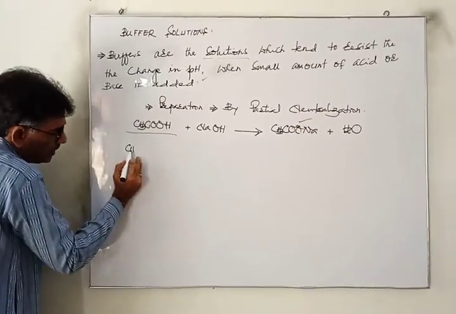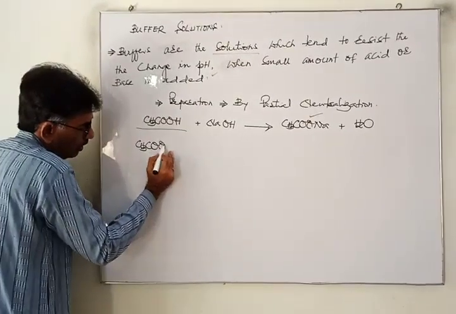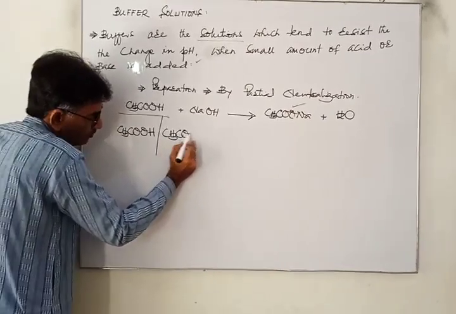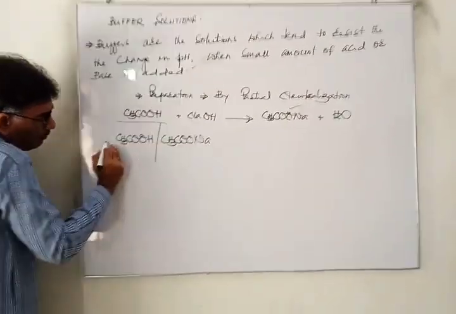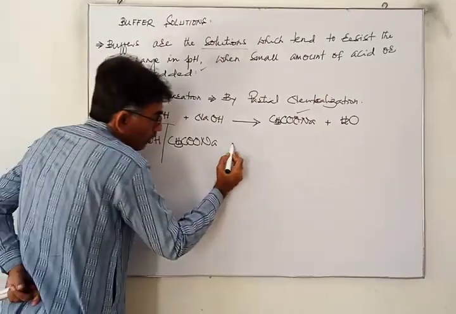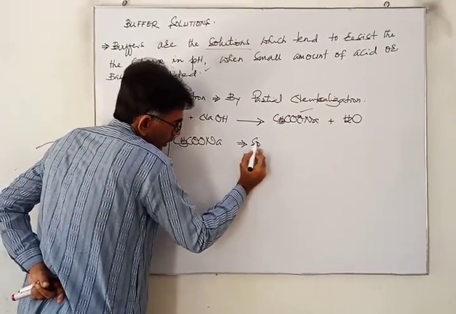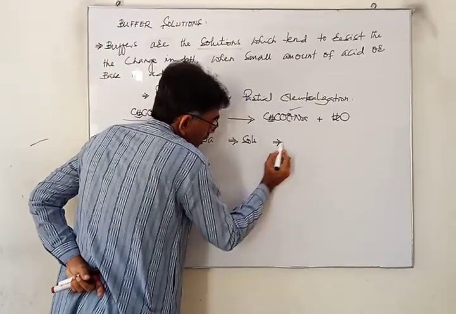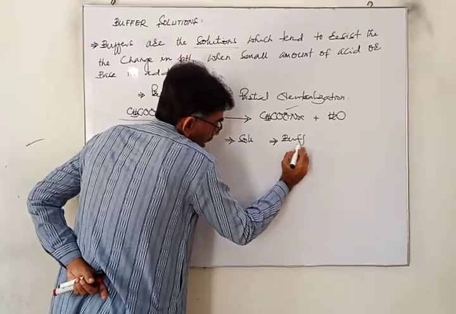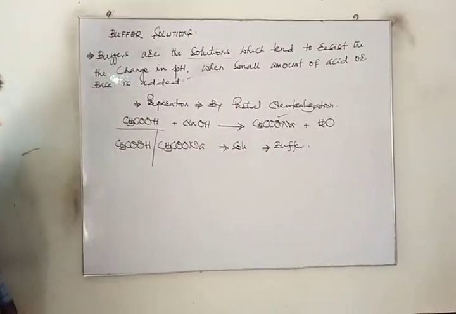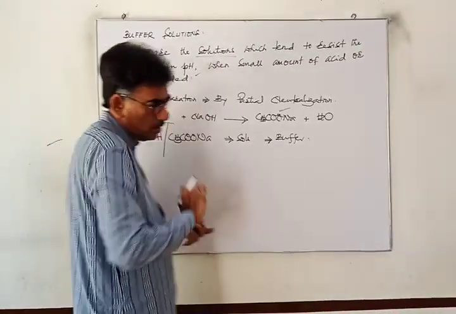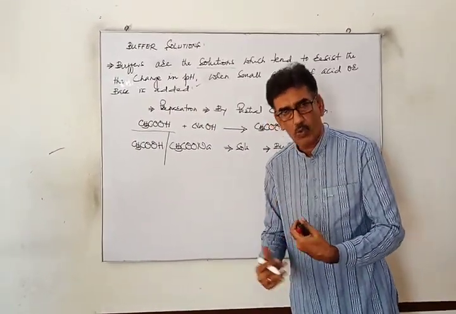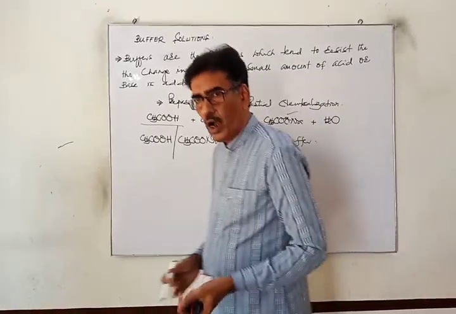So acetic acid and sodium acetate, that mixture of the two, means solution, is to be referred to as buffer with a certain pH value. Means when the buffer is produced, it also possesses a certain pH value. And then we have to check how it can work.